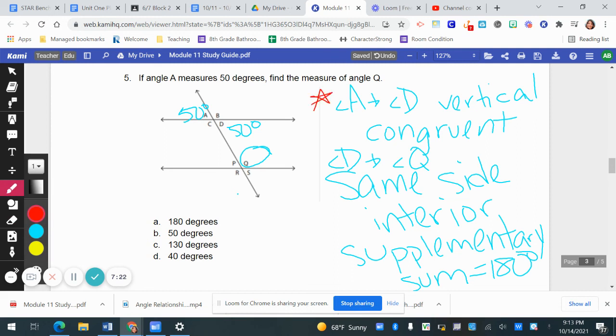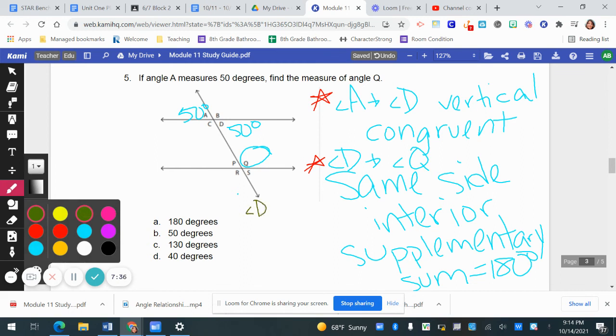There you go. So you know where the new steps start. So that means that I need to take the measure of angle D, which is 50 degrees, plus the measure of angle Q, which we don't know, and make it equal 180 degrees.